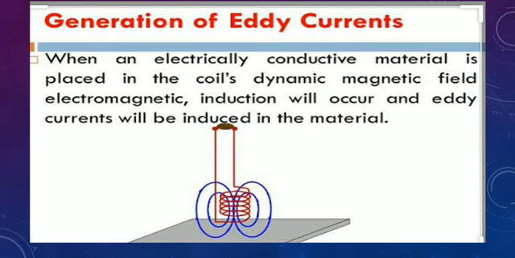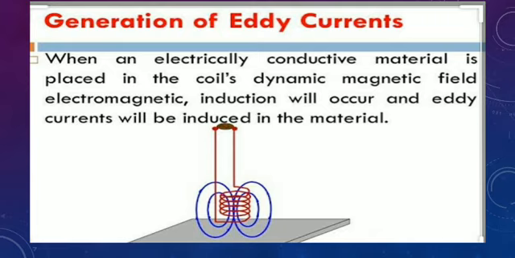When an electrically conductive material is placed in the coil's dynamic magnetic field, electromagnetic induction will occur, and eddy current will be induced in the material. This is the simple way to create eddy current. This is the coil, the end of the coil is connected to a battery, and this coil is attached to a small metallic plate. Then the eddy current flows like this, in a closed loop.